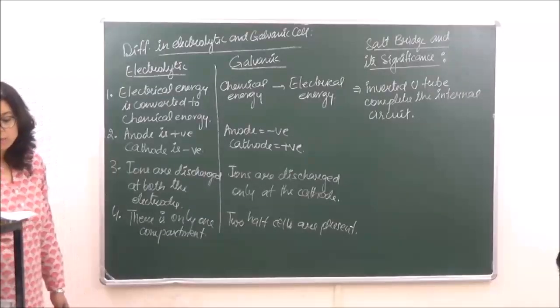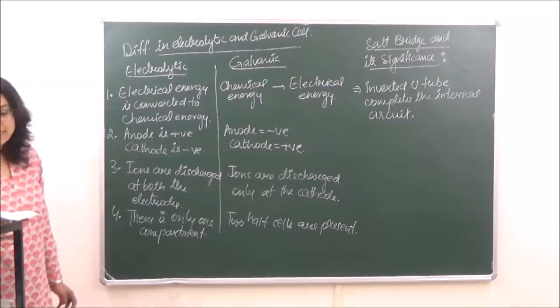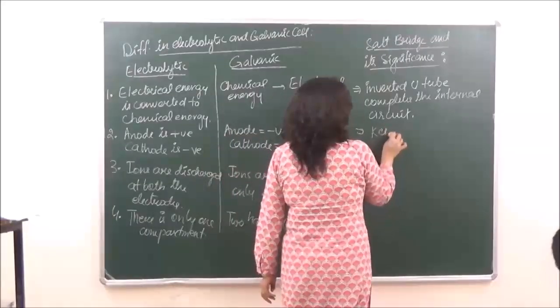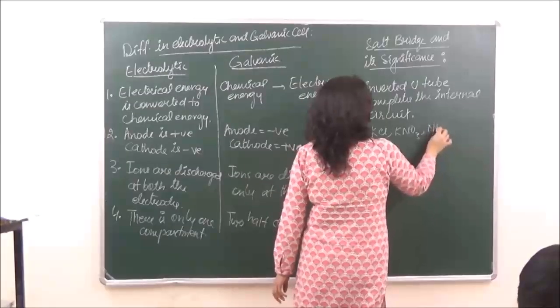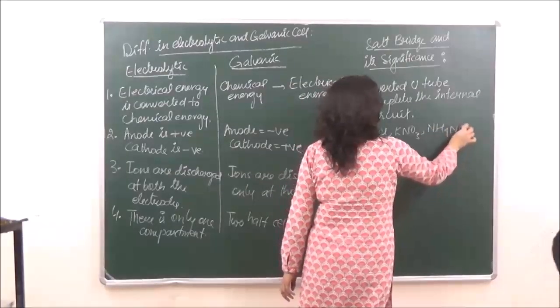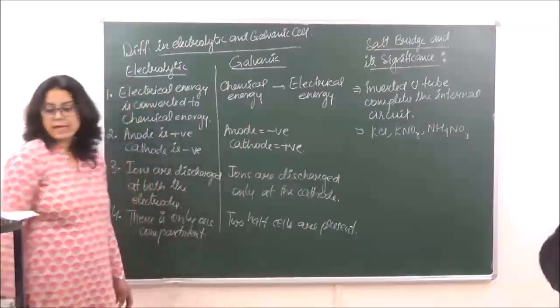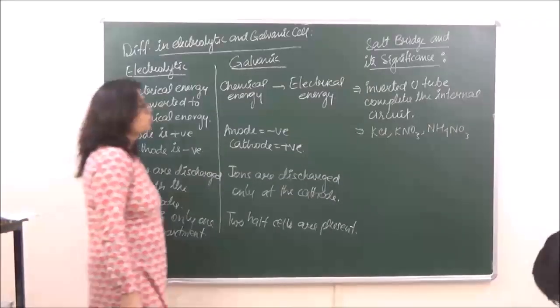Now, the salt bridge generally consists of electrolytes like KCl, KNO3 and ammonium nitrate. These are the electrolytes which are going to be present. How do we prepare the salt bridge?